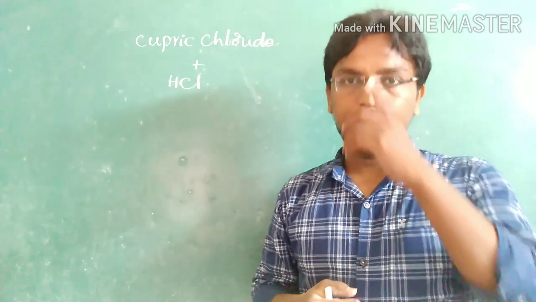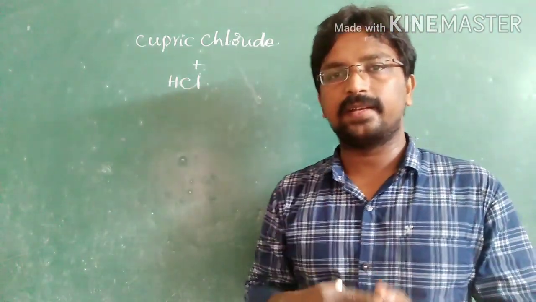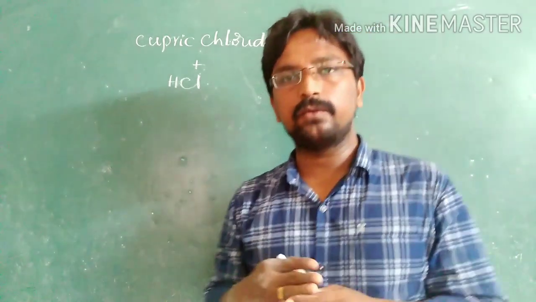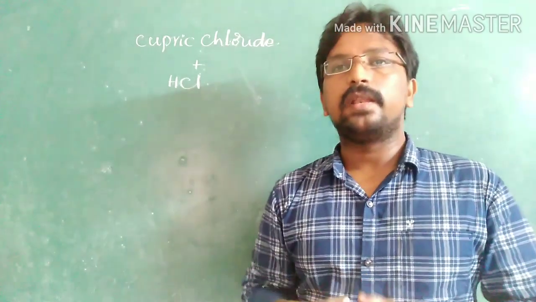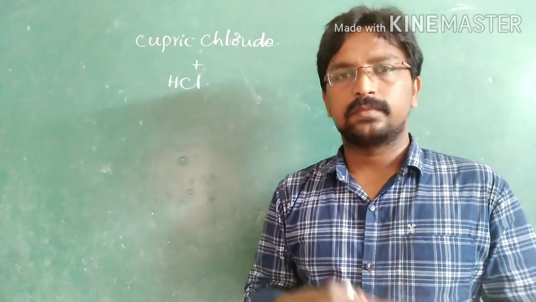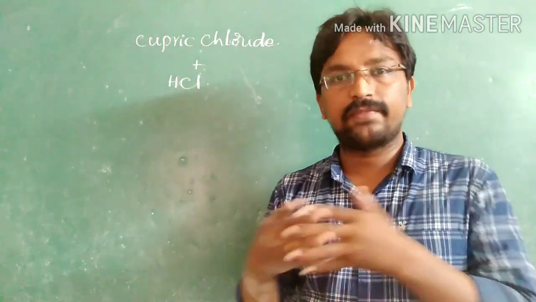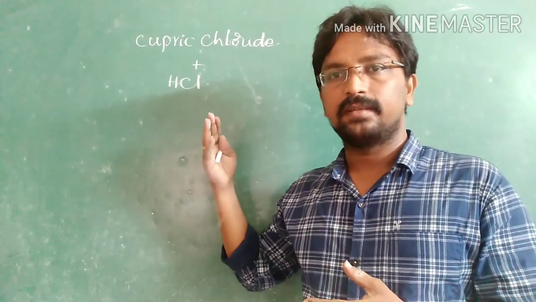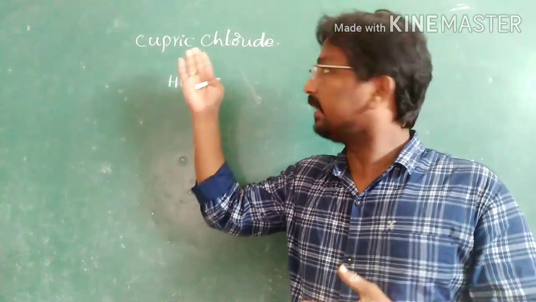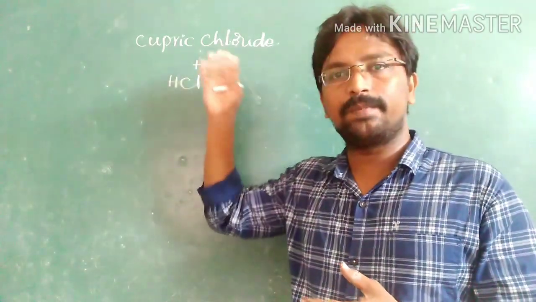This paste has to be taken on a platinum loop and introduced into the non-luminous flame. Observe the color changes. What is the color of the flame when you introduce the cupric chloride to the non-luminous flame?